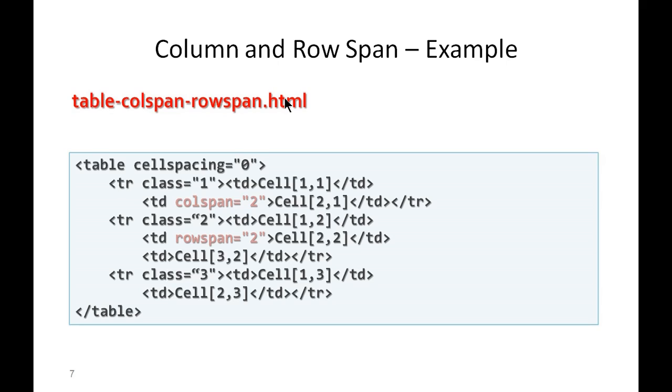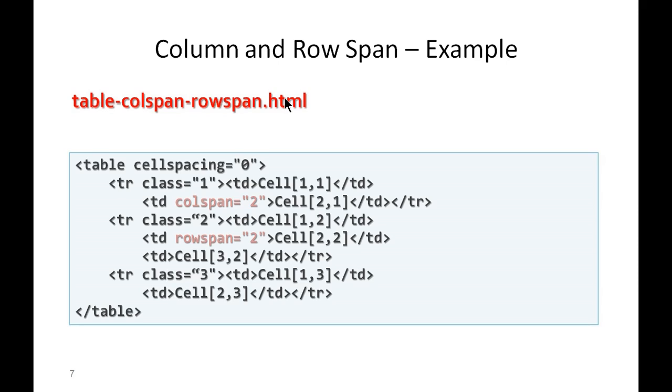Then td cell 1 1 slash td. Then td colspan equal to 2, cell 2 comma 1 slash td, slash tr. So cell 2 comma 1 will have a column span of 2. Then again tr class 2, row 2: td cell 1 2 slash td, and td rowspan 2 cell 2 2 slash td.